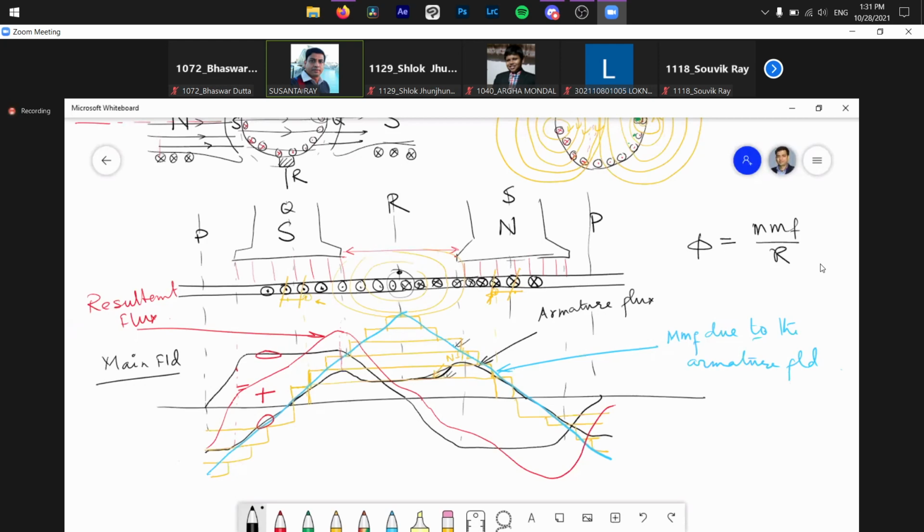So as your load increases, your armature reaction will increase. Got it? Any question?